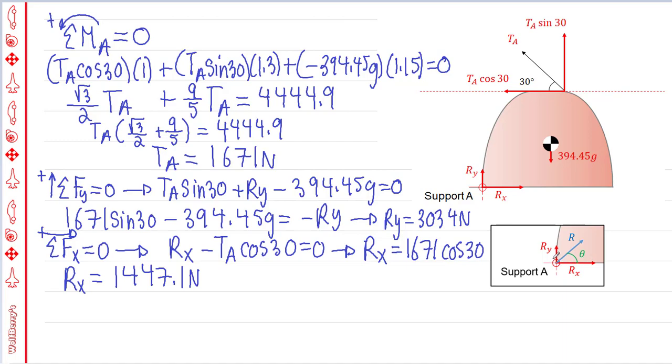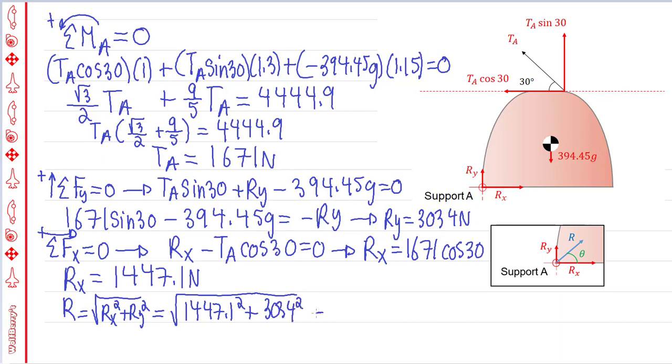We have Rx, we have Ry, so they have a resultant which acts at an angle. Now, this resultant can be calculated using Pythagoras. R is equal to the square root of Rx squared plus Ry squared, which is equal to the square root of 1447.1 squared plus 3034 squared.